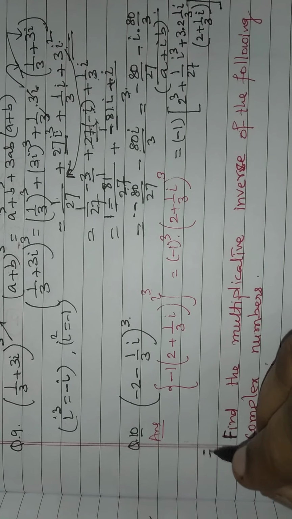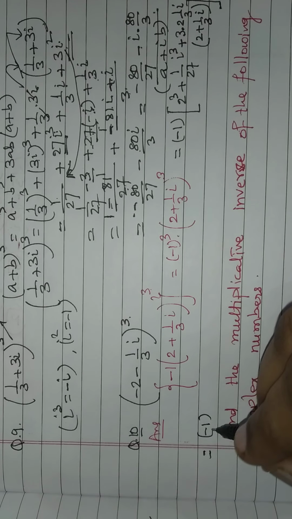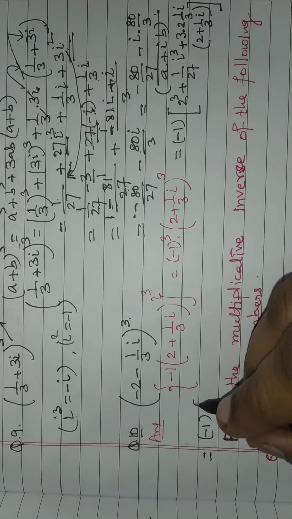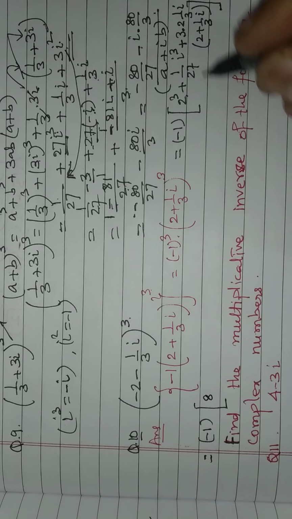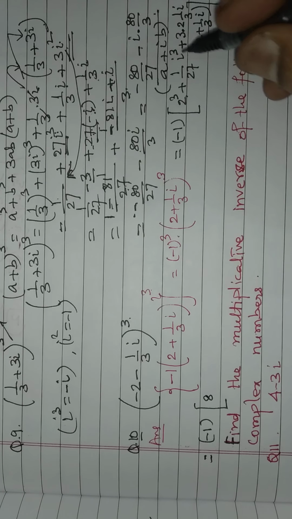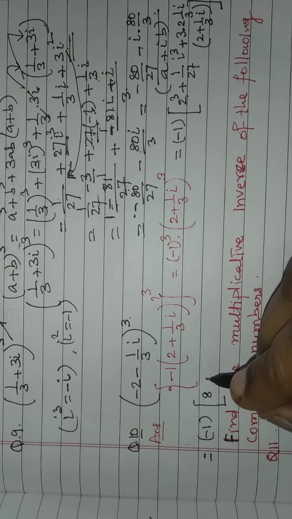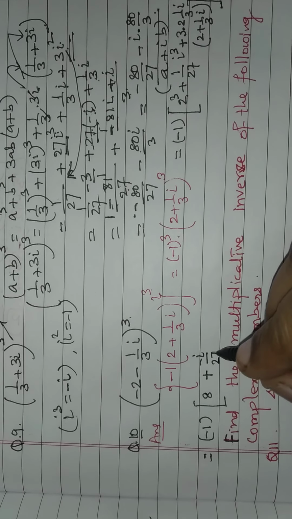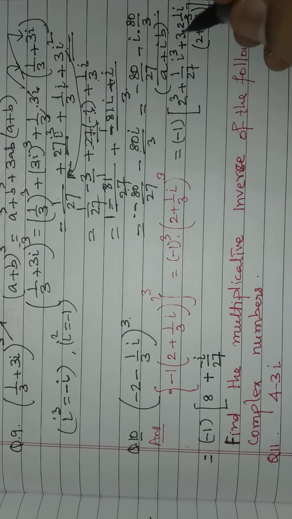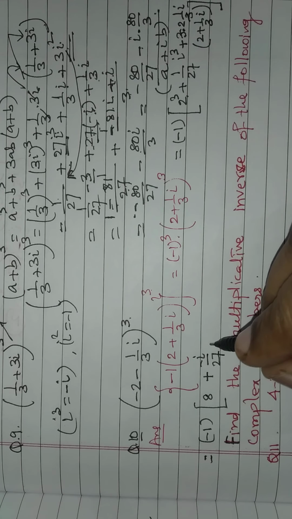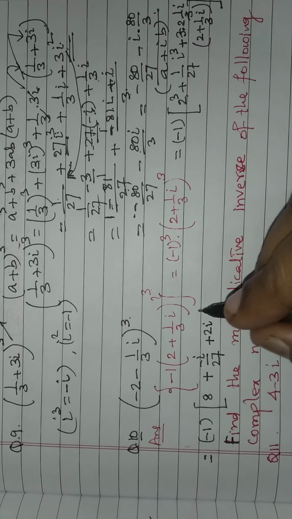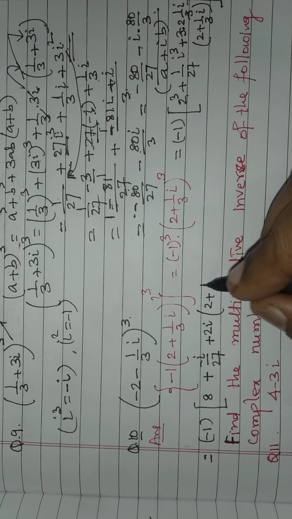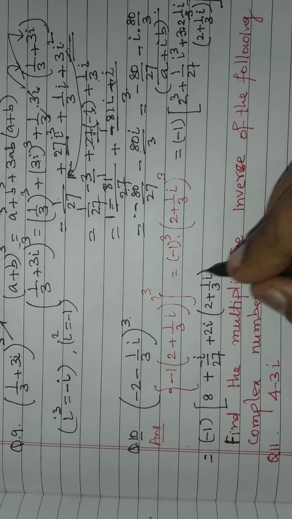So now minus 1, and here 2 cube is equal to 8. i cube means minus i, so here I am writing plus, and then it is minus i by 27, and the 3 will cancel, so 2i under bracket (2 plus 1/3 i).